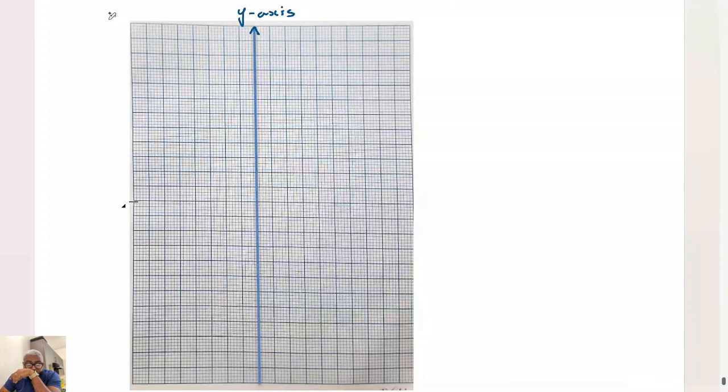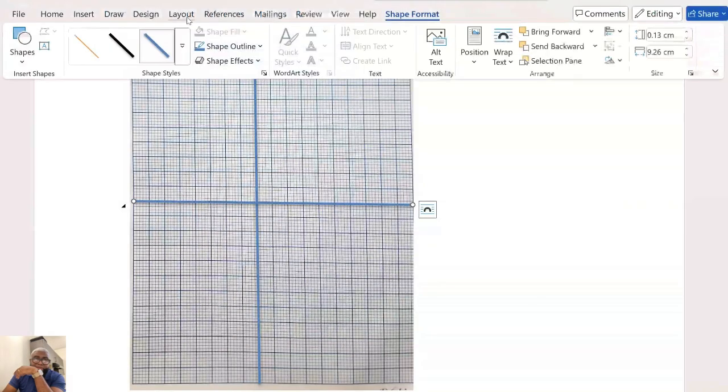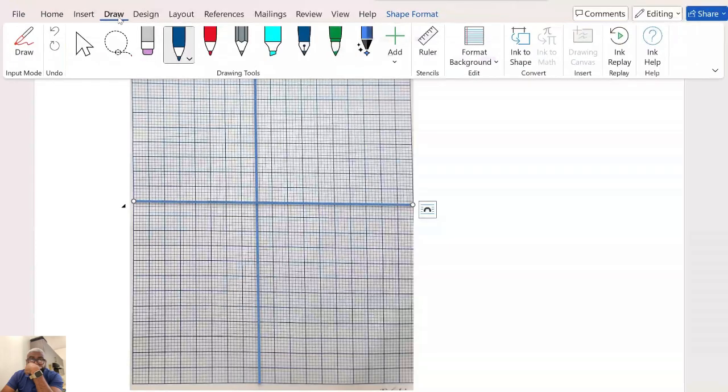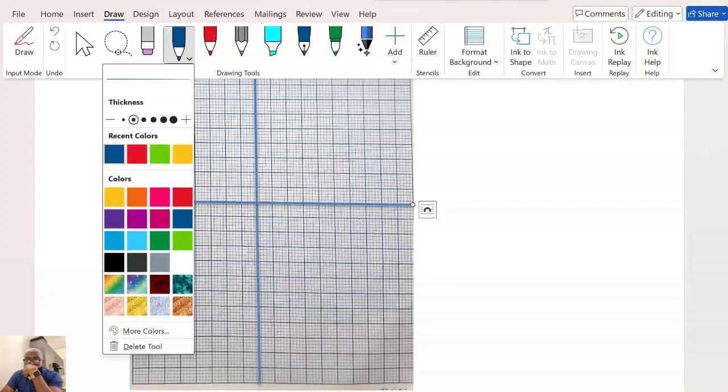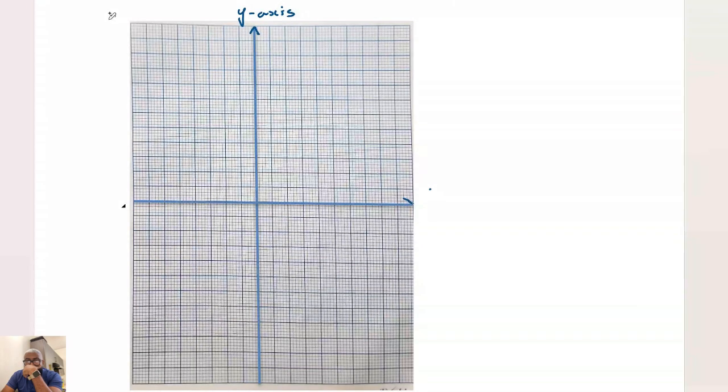About here. And you label it, you put an arrow. X and y-axis. Everybody get there?